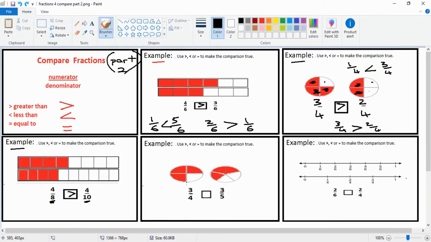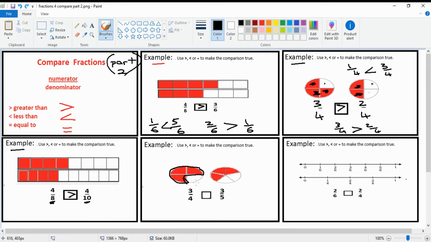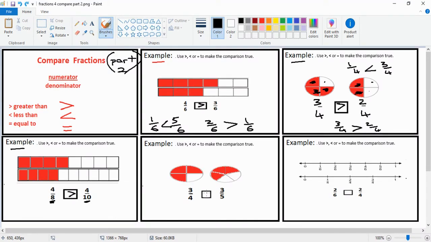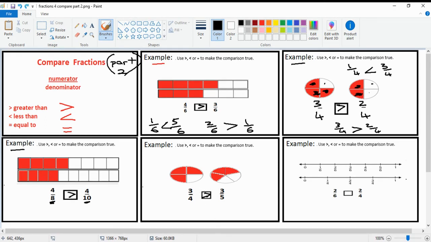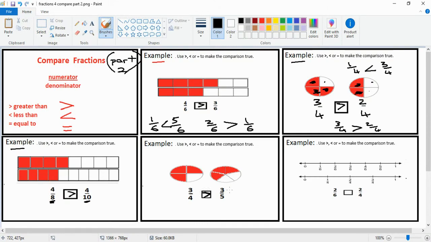And we can see that the 3/4 is greater than 3/5. It's greater than, it's bigger than. We can also use the same rule, when the numerator is the same, look at the bottom denominator. Whichever is the smallest, 4 is the smallest, it's actually the biggest fraction. So that tells us 3/4 is greater than 3/5.